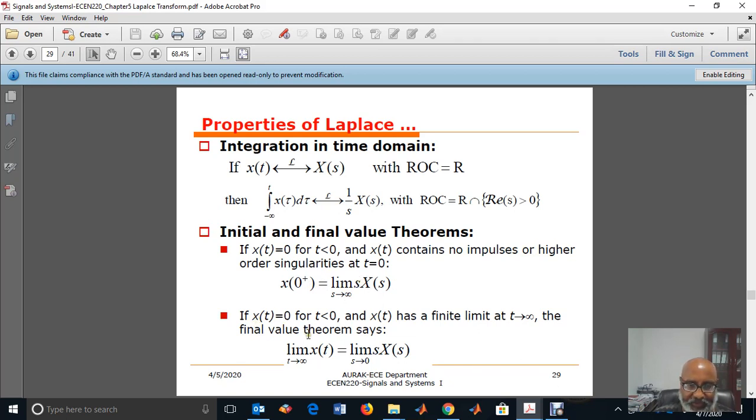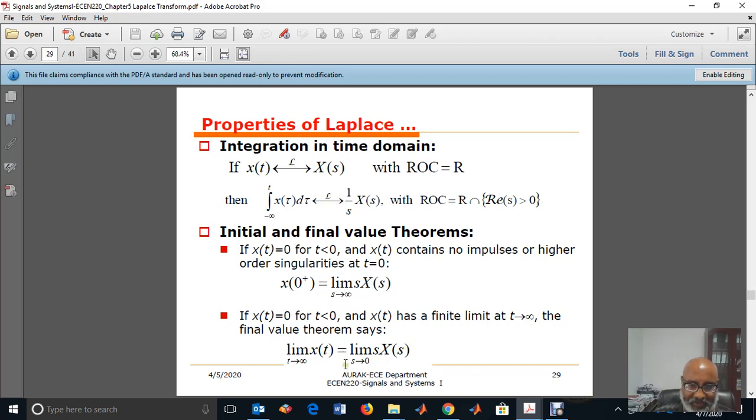And if x of t is equal to 0 for t less than 0, and x of t has a finite limit at t equals infinity, the final value theorem says the limit as t goes to infinity of x of t is the limit as s goes to 0 of s times X(s).